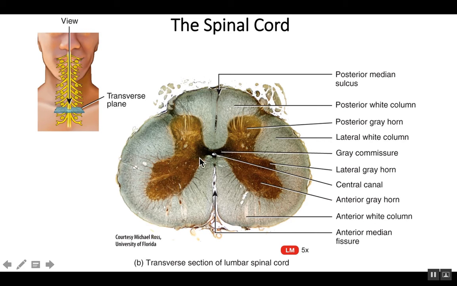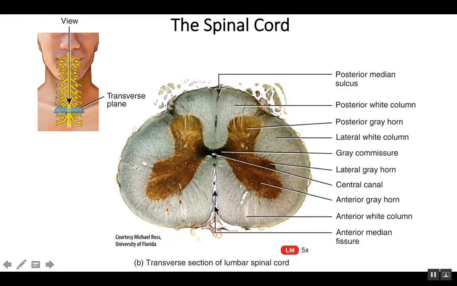The gray matter, we use horns to represent different areas. Posterior gray horn, there's a little bit of a lateral gray horn, and then an anterior gray horn. There's also a couple grooves on each side. There's a sulcus in the back, the posterior median sulcus. There's an anterior median fissure along the front or anterior surface.